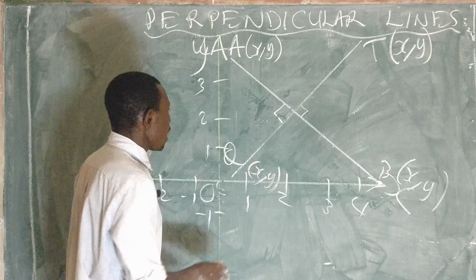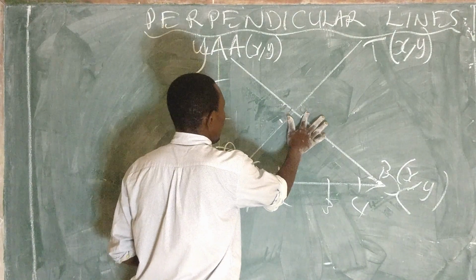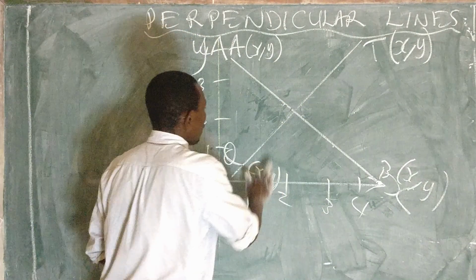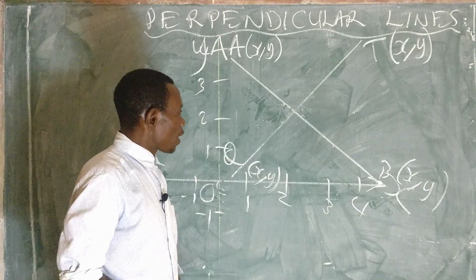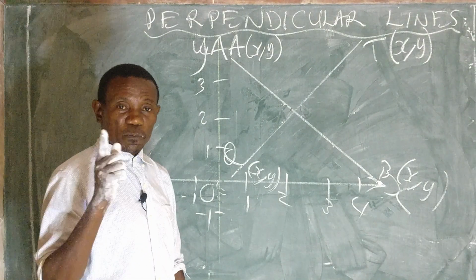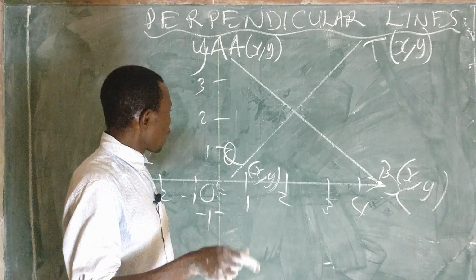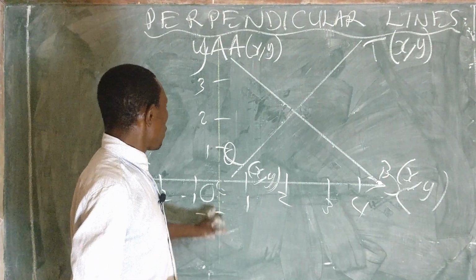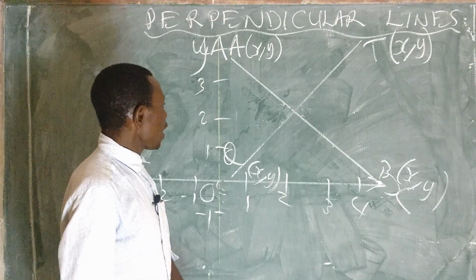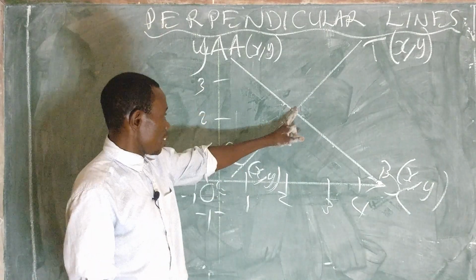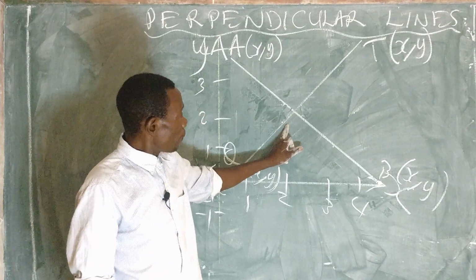Here I'll be quick because you are not here visibly. I'll just be giving some directions, and I expect you to do some checking yourself. What I need you to do is try to draw 2 lines and notice that these lines are intersecting at right angles.